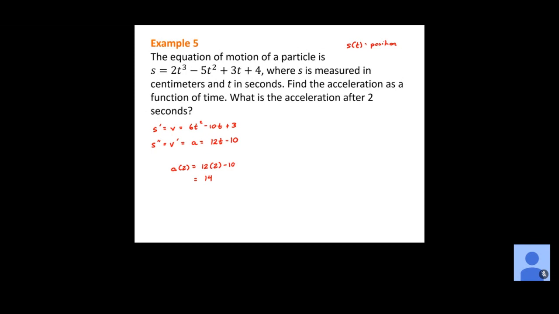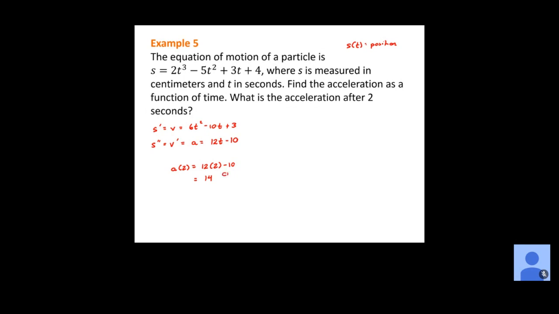It's not just going to be seconds, because that would just be a time value. It's also not just centimeters per second, because that's our velocity. There it is, centimeters per second squared.